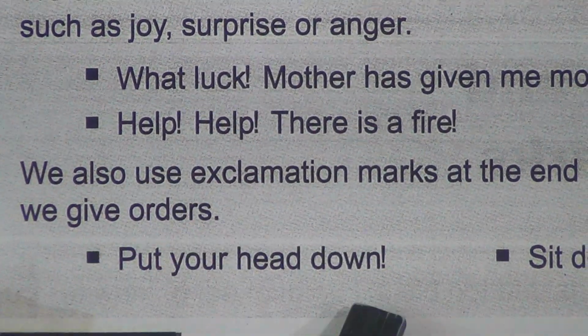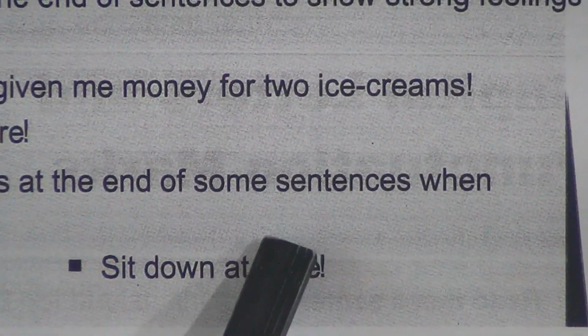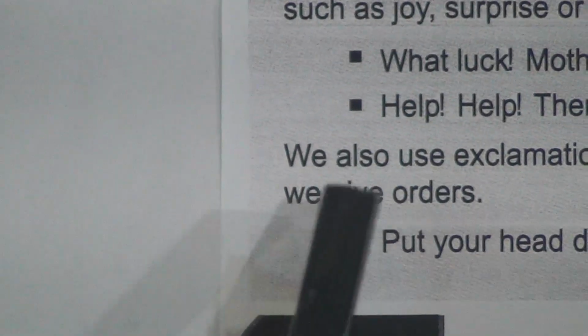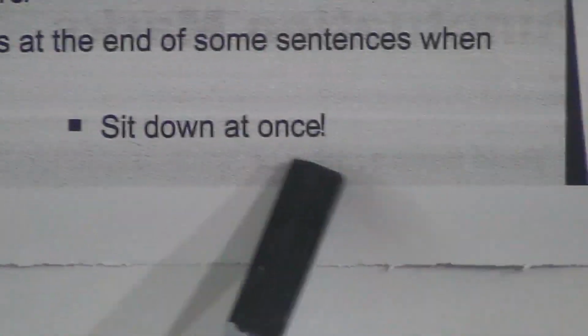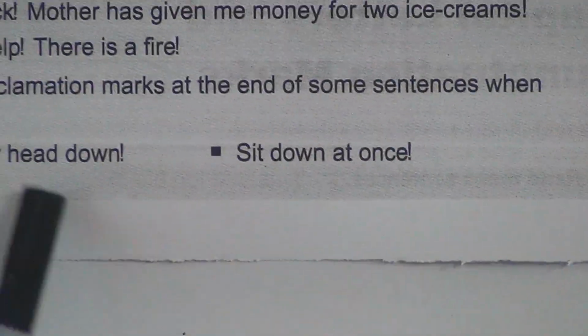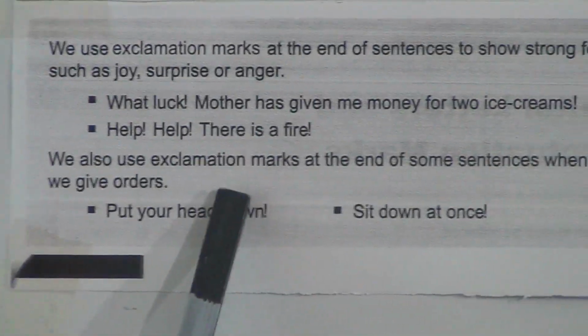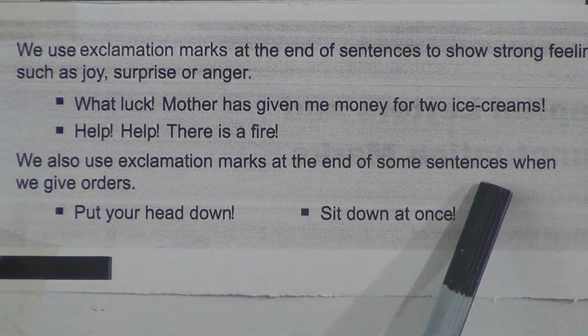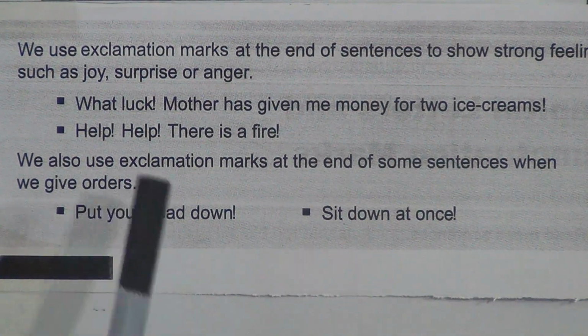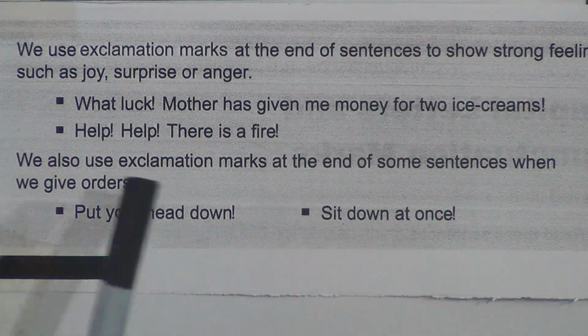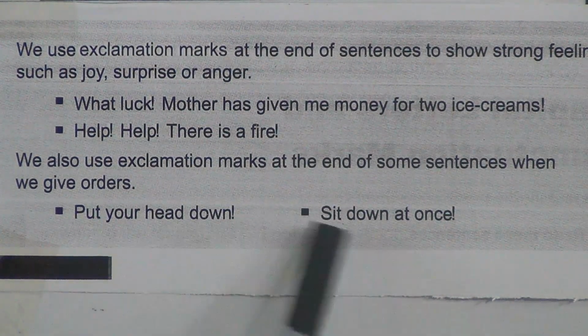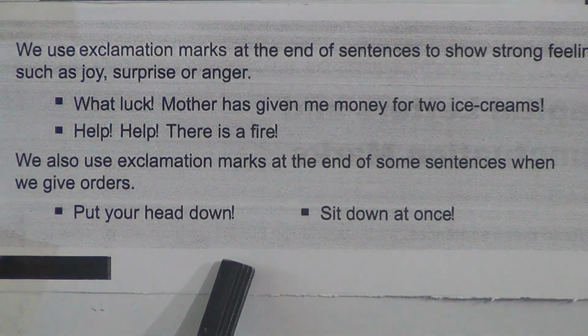We also use exclamation marks at the end of some sentences when we give orders. Put your head down! Sit down at once! Here we are saying we also use exclamation marks at the end of some sentences when we give orders. So in these 2 examples, these are orders and that's why we use the sign of exclamation.